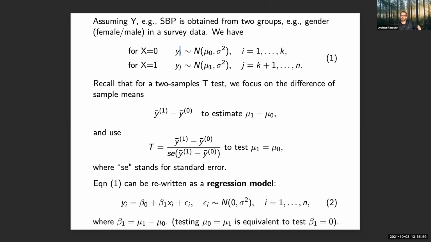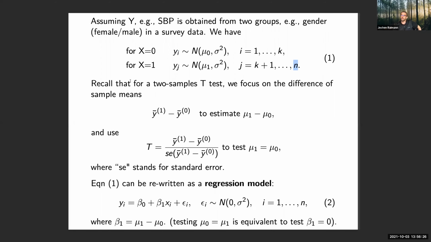And then we have yi, which is i from 1 to K, and yj, which is j from K plus 1 to N. These constitute the participant IDs within the two groups, where N is the last individual. So if there are 100 people, N would be 100. If the two groups are identically sized, K would be 50.